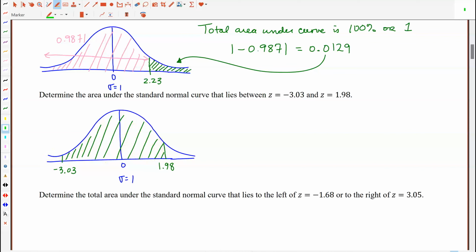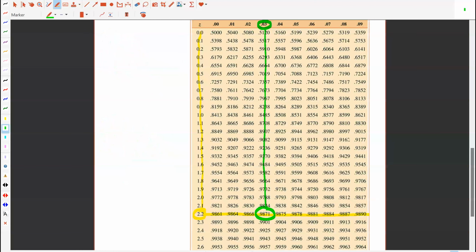So first off, we're going to find the area under the curve. Alright, so let's maybe write this down. Let's find the area under the curve to the left of the 1.98. So let's come over here to our table. I'm going to erase some of my marking.